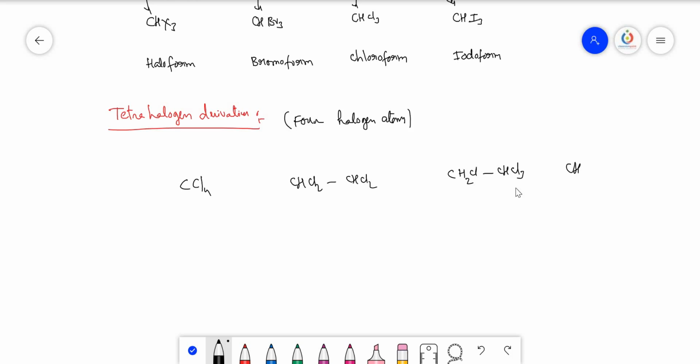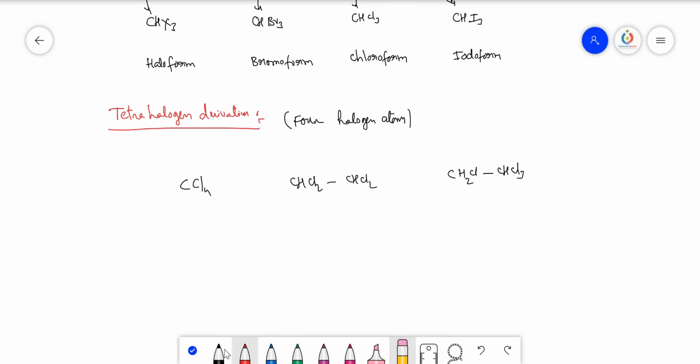So like this, 3 and 1. Any of these combinations you can take, but in a molecule, if all the hydrogens are replaced by the halogen and no hydrogens are left behind, such molecules are called the perhalogen derivatives.